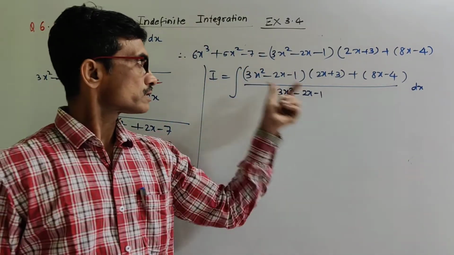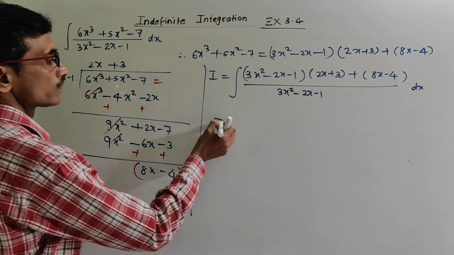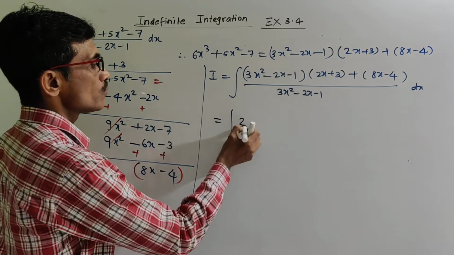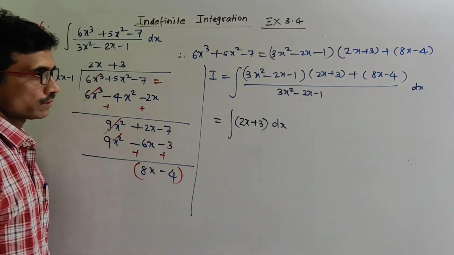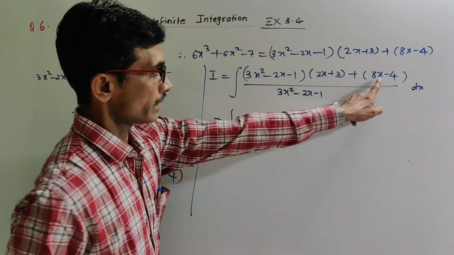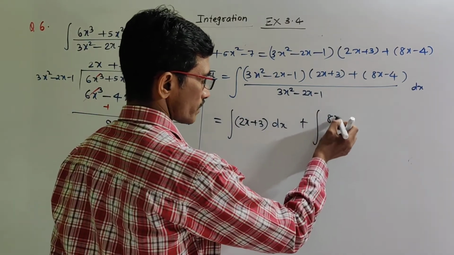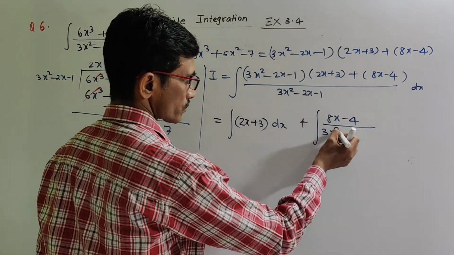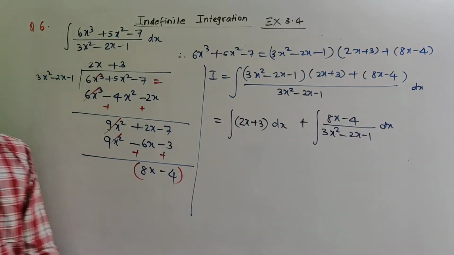Separating the integral, this is getting cancelled and only this is left: integral of (2x + 3) dx plus integral of (8x − 4) upon (3x² − 2x − 1) dx.